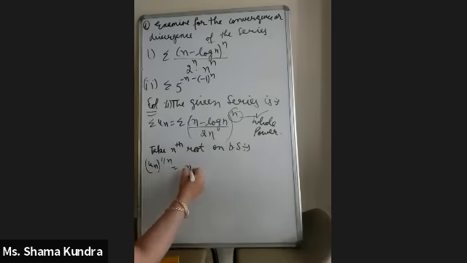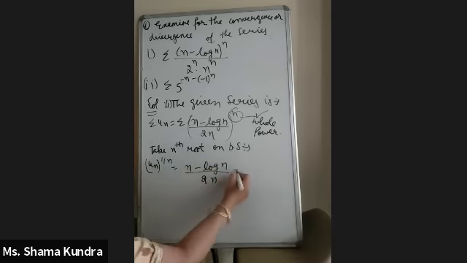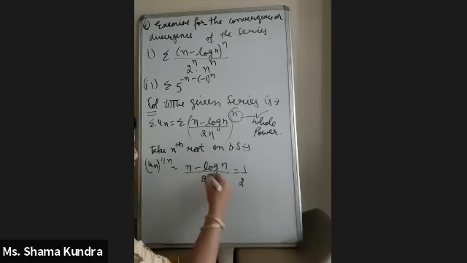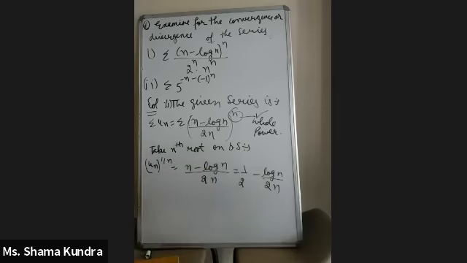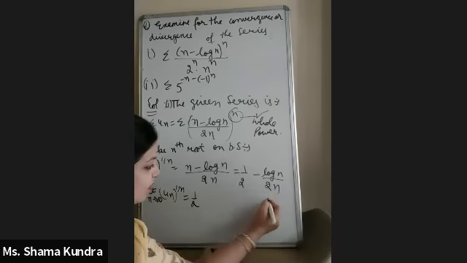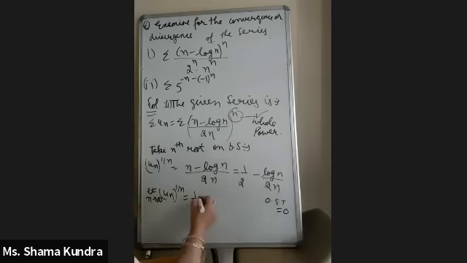We are left with... separate the terms. n will cancel out. Take limit. 1 by 2. 1 over infinity is 0. 0 into something is 0. What we get? 1 by 2.